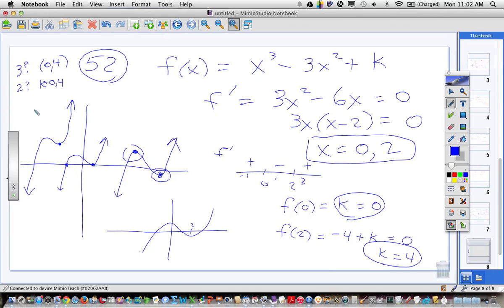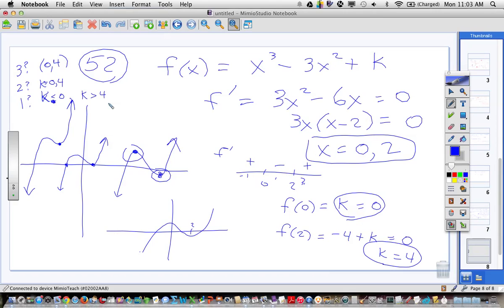And when will it have 1? Less than 0, or k greater than 4. So when k is greater than 4, that's when my minimum is just touching. When it's greater than 4, it's going to be shifted up and I'll just have 1. And when k is less than 0, it'll be shifted down so far that it'll only have 1.